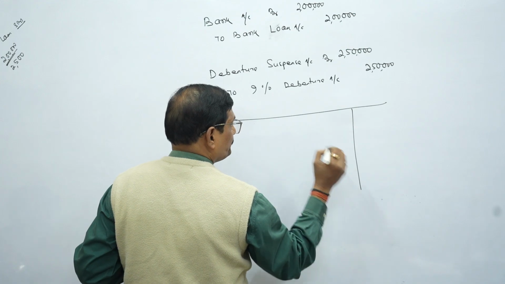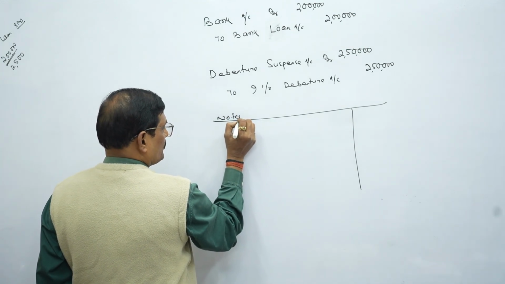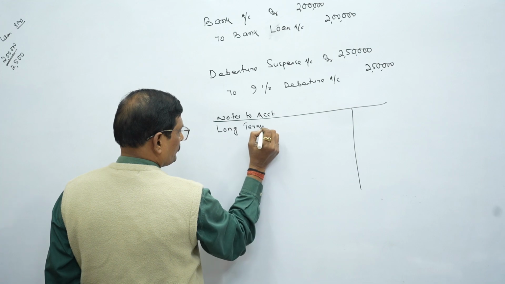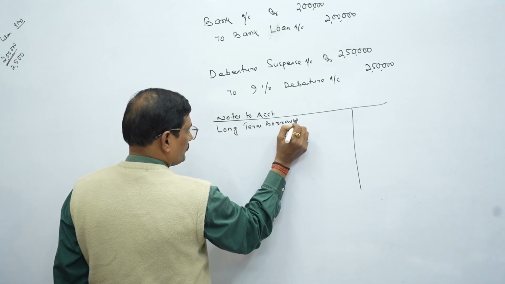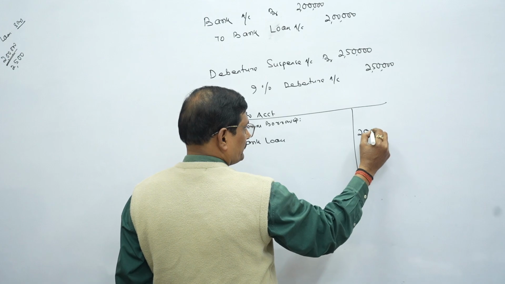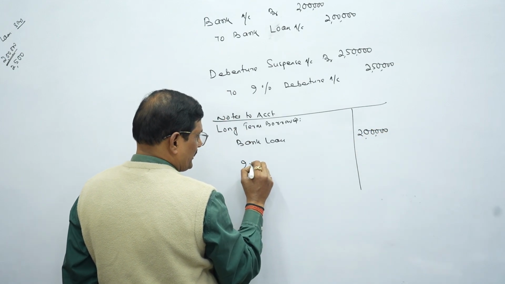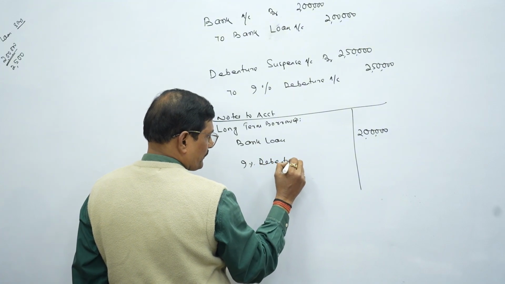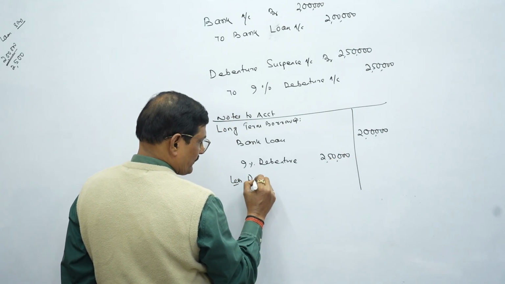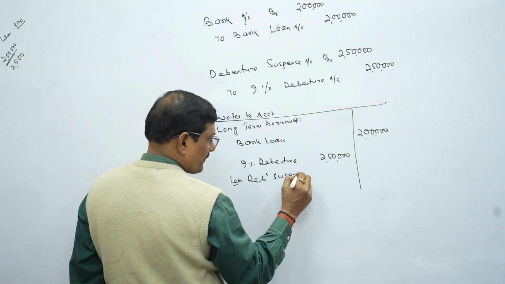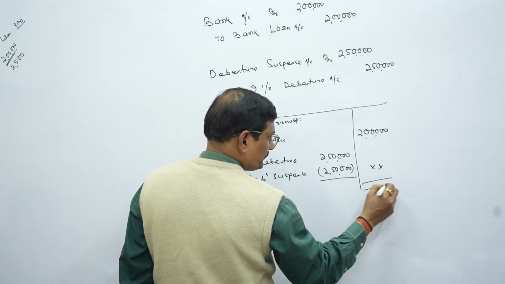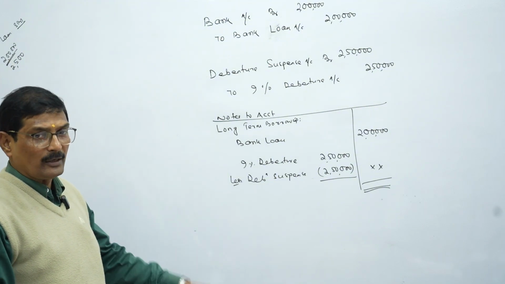While preparing the notes to accounts: long-term borrowing, bank loan, 2 lakh rupees, then 9% debenture, 2 lakh 50,000, less debenture suspense, 2 lakh 50,000, nil. This is the notes to accounts.